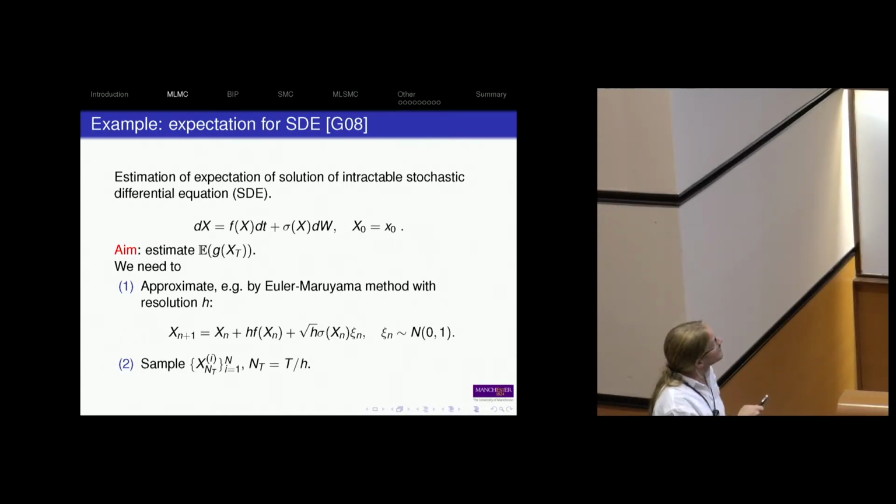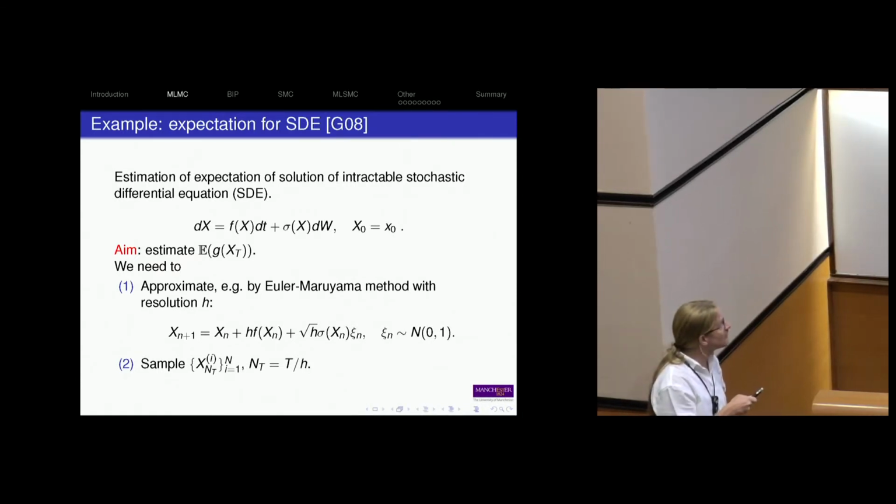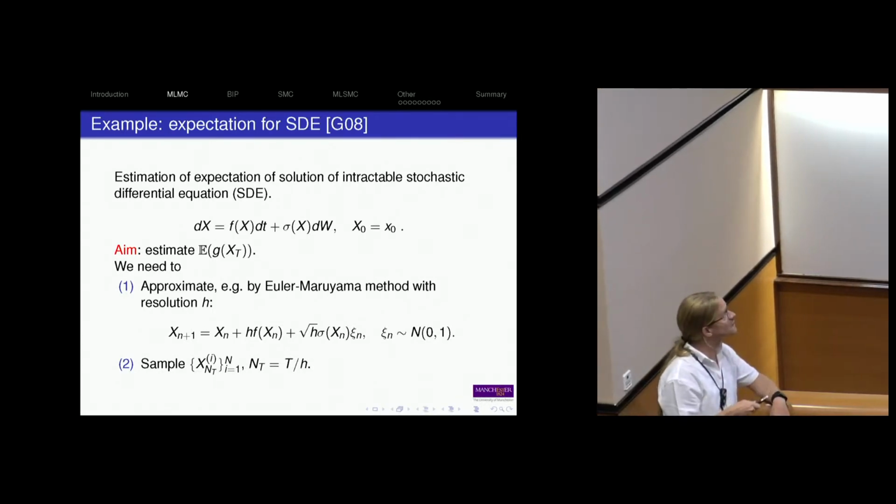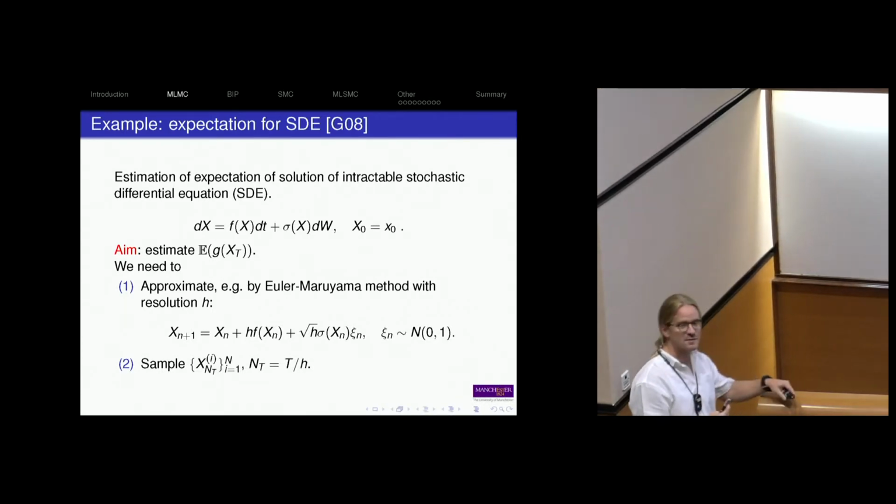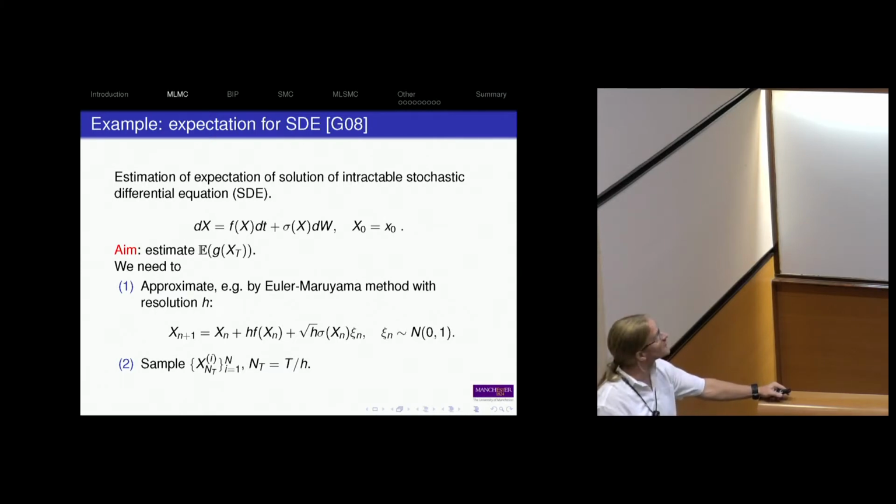So this is a prototypical context where you would apply multi-level Monte Carlo, the sort of vanilla multi-level Monte Carlo. So the expectation of some SDE, which we cannot solve exactly. For of course a wide class of f and sigma, there is a solution of this SDE, but only for a very small subset can we actually solve the SDE exactly.